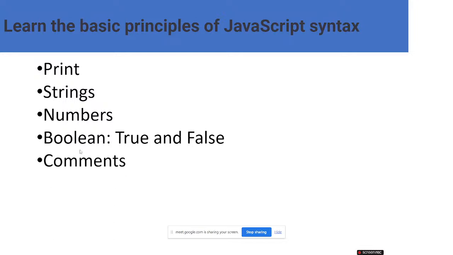Then comment is also common in any programming language. Mainly it provides you the information about that code. Suppose you write the code, so what is the meaning of the code and why you wrote the code, you can simply write in a comment.